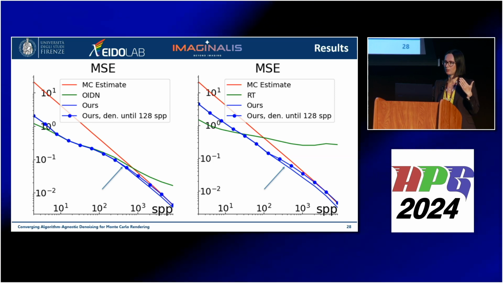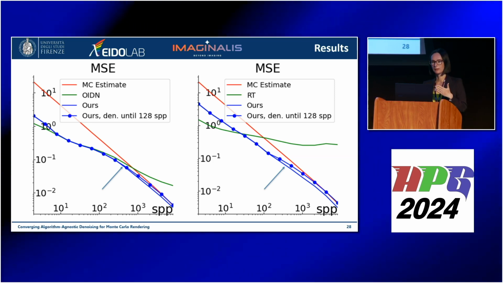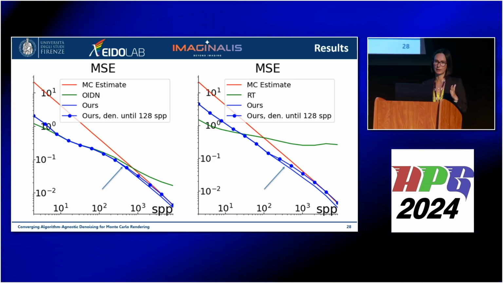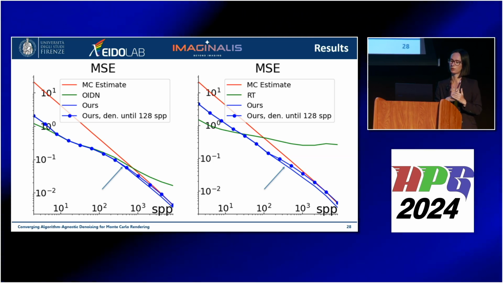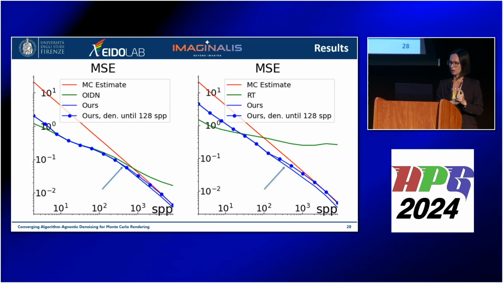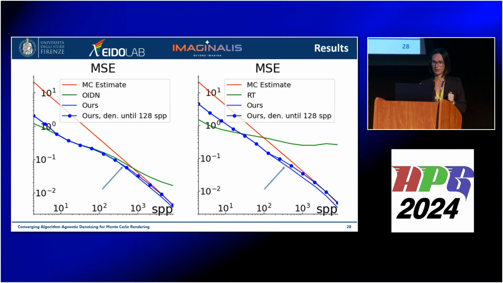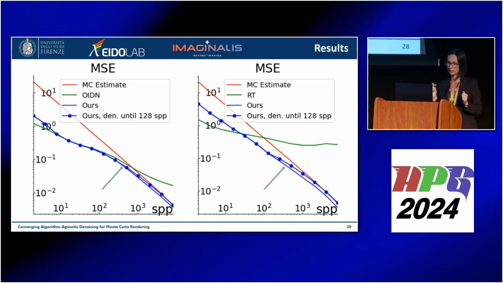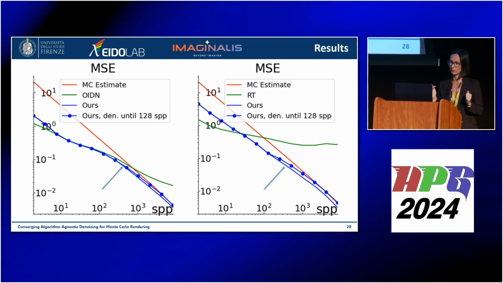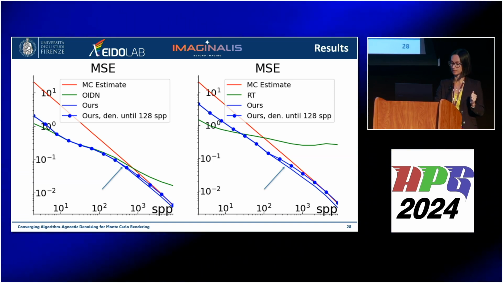In other words, we continue to blend the Monte Carlo estimates obtained at higher sample counts, but with the denoised result obtained at iteration 128. So you can see that even in this case, the results are better, and which is very important, the sequence of the denoised images converges to the reference.